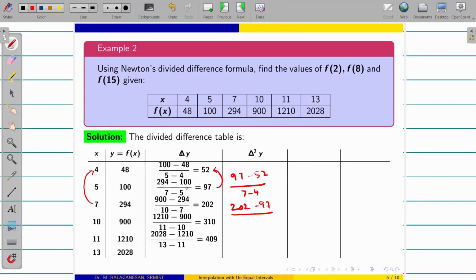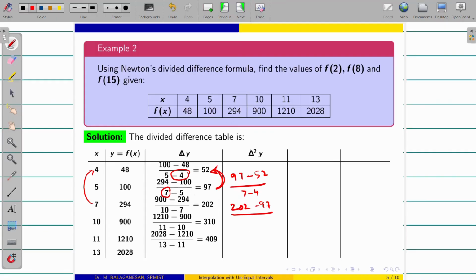That clue only I'm going to give now. Just listen very carefully, guys. This one, 97 minus 52, you know very well, divided by the left end value of this including sign and the right end value of this including sign. So 7 minus 4. That's it.